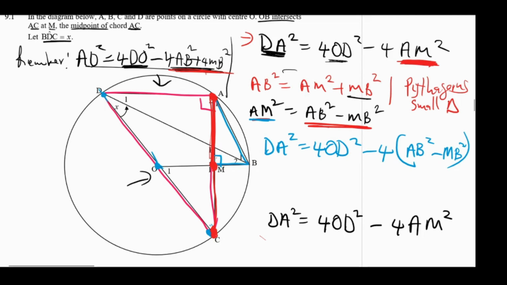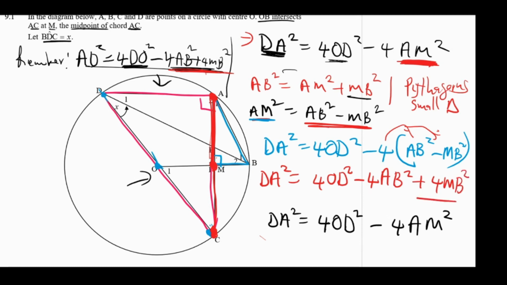Therefore, multiplying everything inside, it's going to be minus 4AB squared plus 4MB squared. So this would be your solution for this problem, which, as you can see, is similar to what the question required. So that is your final answer.